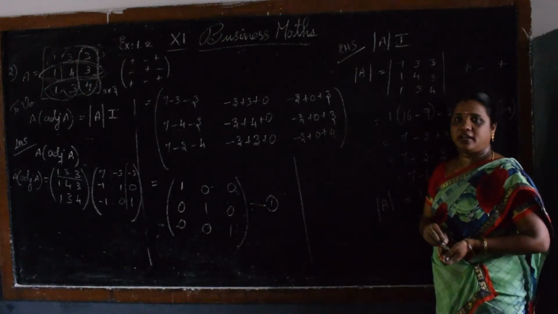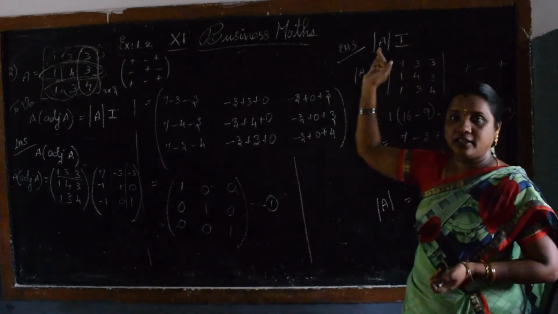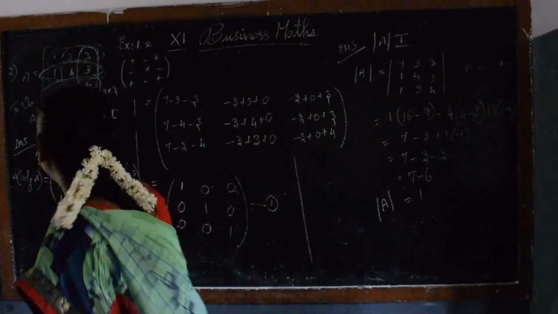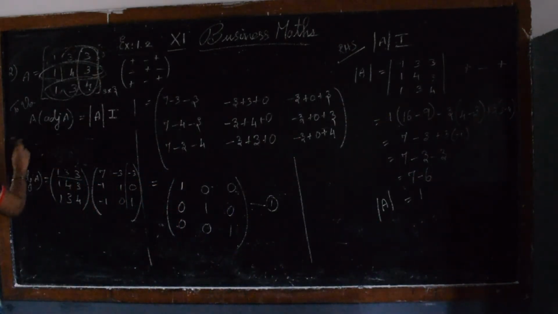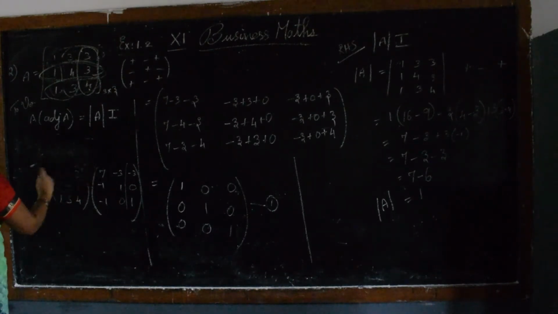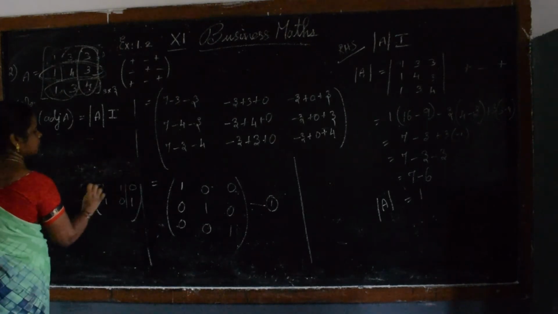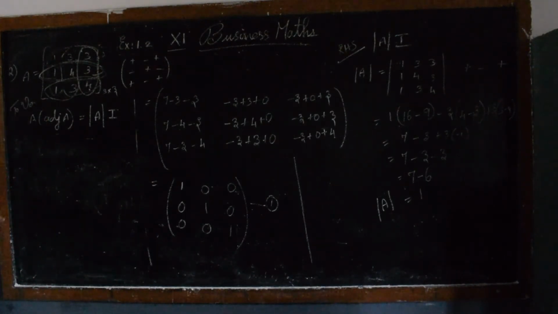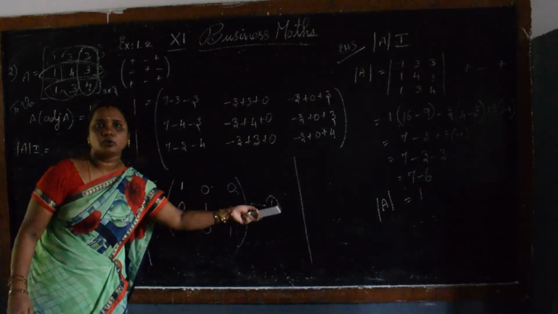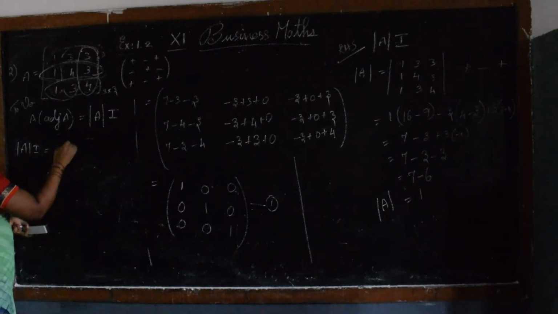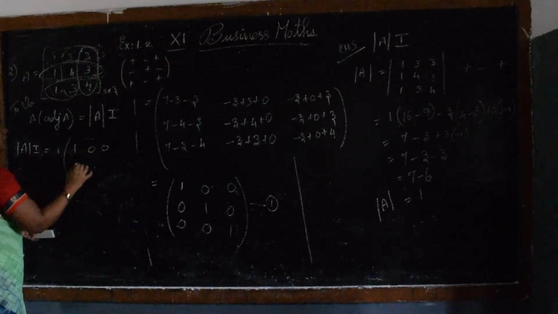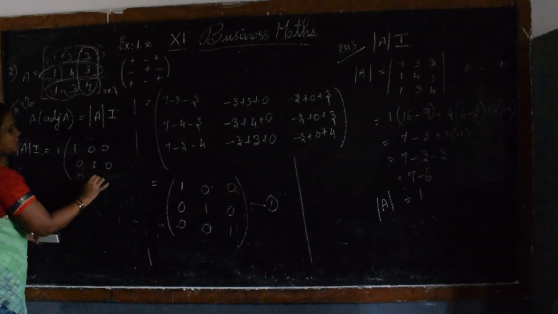Have you understood children? Now you have to multiply with the identity matrix. See here, determinant A into I. For determinant A, we got the answer 1. 1 into what is the identity matrix? 1 0 0, 0 1 0, 0 0 1.